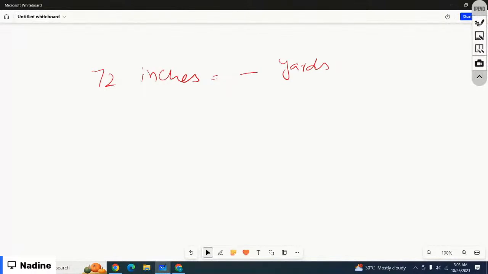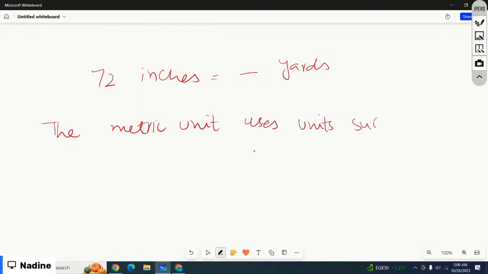Let's see what the customary units and the metric units are. You can note down the definition. The metric unit uses units such as grams and kilograms to discuss weight.